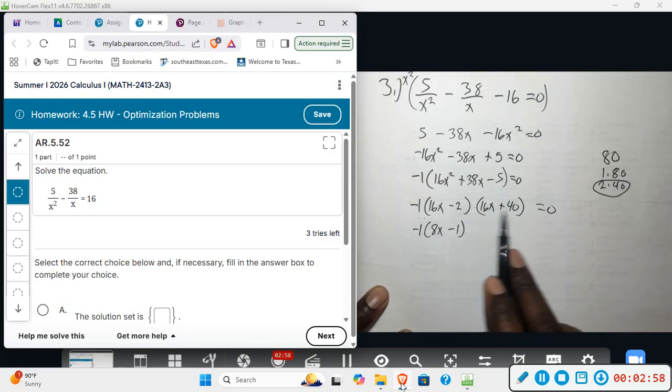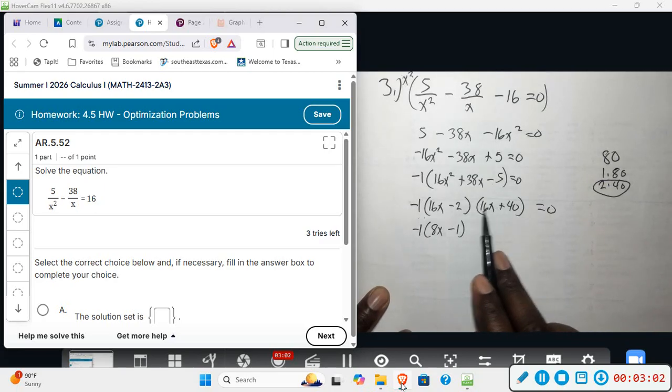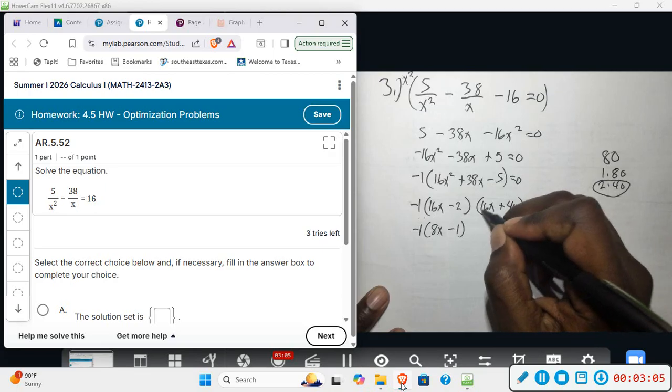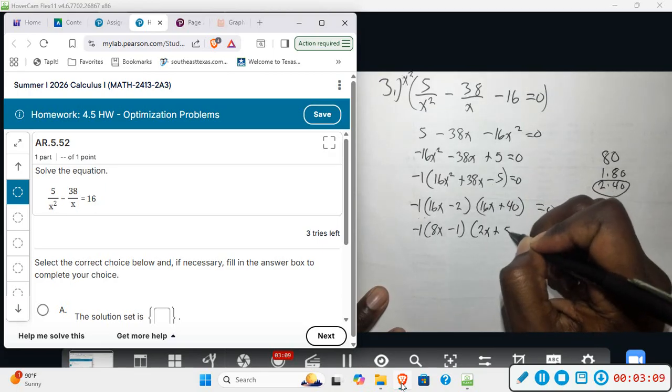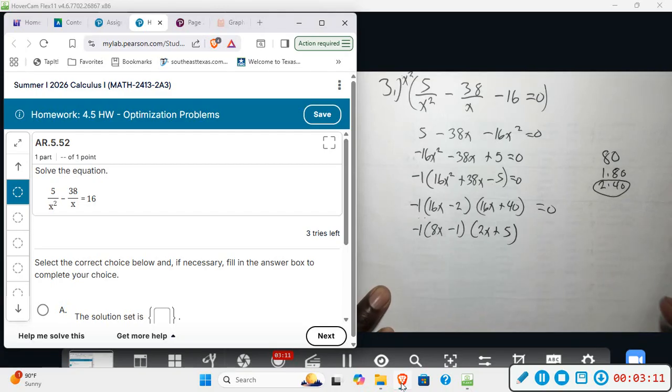Over here, we can divide both of these by the largest, 8. The biggest factor, you got to pick the biggest one. So divide by 8, this will become 2x plus 5. Now, if you FOIL, you should get back to where we started, which is this.